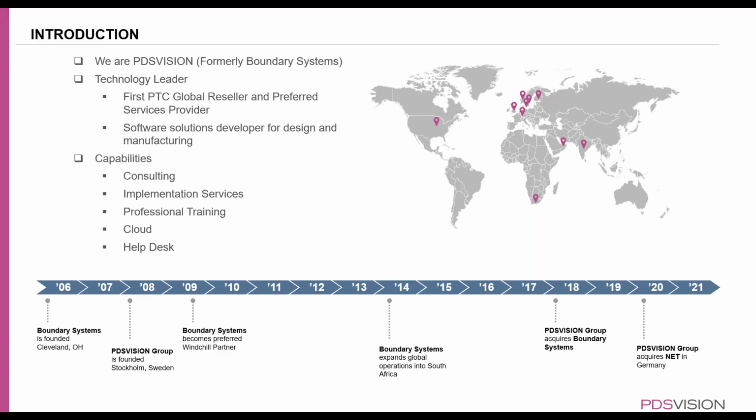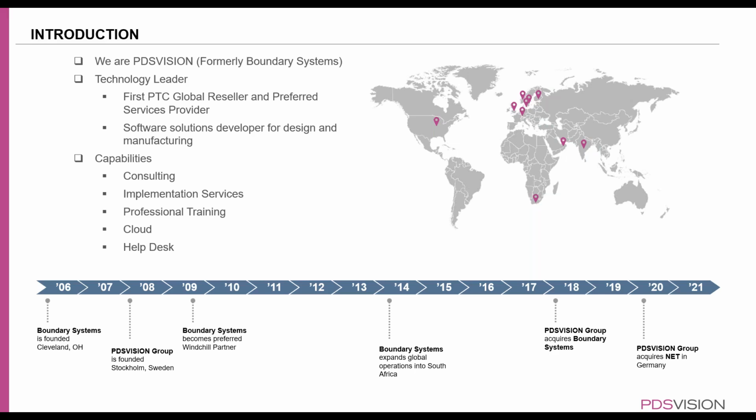Okay, so just a quick timeline of how we got to be PDSVISION. Boundary Systems was founded in Cleveland in 2006. The PDSVISION group was founded in Sweden in 2008. Then in 2009, Boundary Systems became a preferred Windchill partner for PTC products.